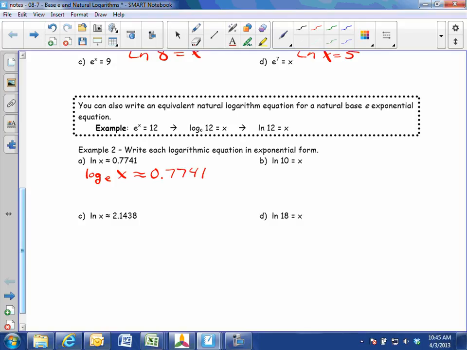So how can we write it as an exponential form? What's our base? e. What's our exponent? 0.774. And it's equal to?